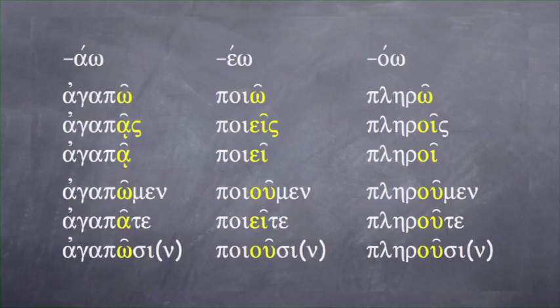Let's take a look at the actual chart then for alpha, epsilon, and omicron contract verbs. Here it is. The most important thing you can do here simply is to spend some time looking at them. And you need to ask yourself 2 questions. Number 1 is, would I be able to parse if I saw it? If I saw agaposi, would I know it's a third person plural?